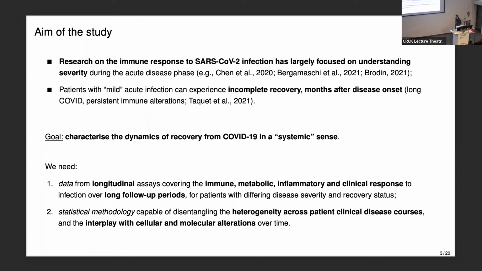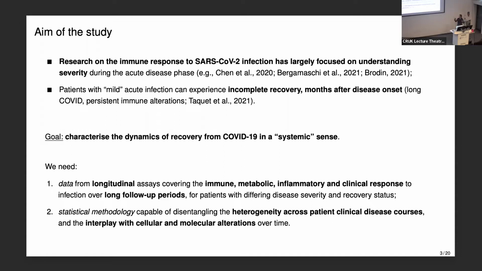Of course, it's not an easy task for multiple reasons, and I'm listing two reasons here. So first, COVID can affect several organs, and it can perturb a very broad range of biological parameters for months, right? And so if we want to study these perturbations at an organismal level, we need very detailed data that quantify parameters across several systems.